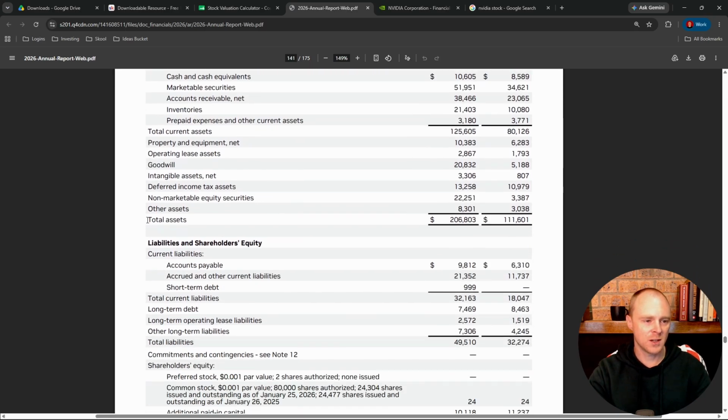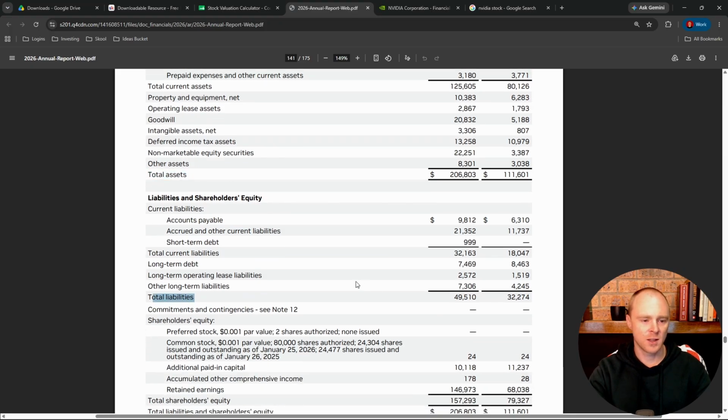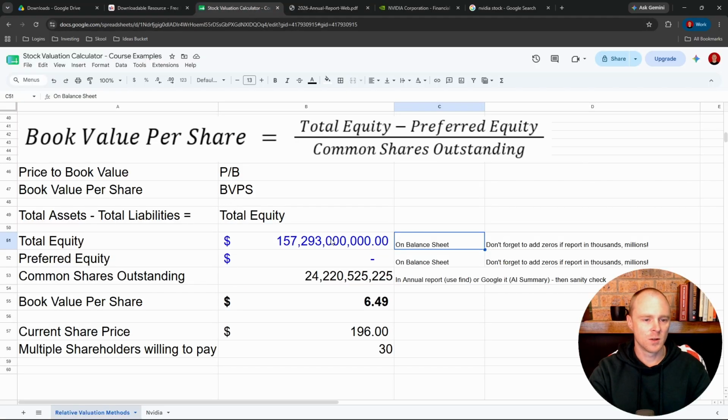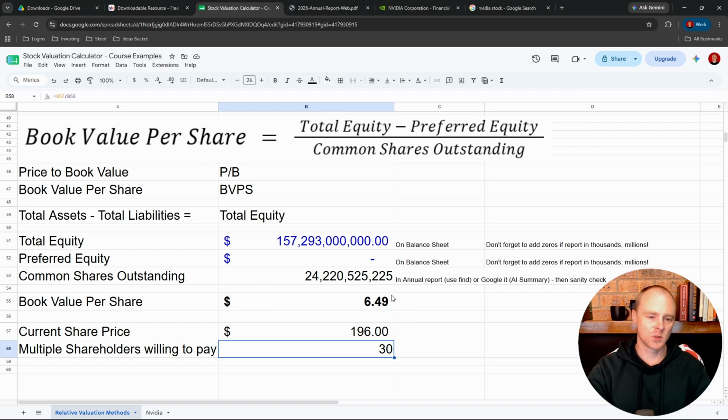We're looking for total assets and total liabilities if we wanted to calculate those. But luckily, we've already got the breakdown here. Total shareholders' equity, 157,293. Add our 6 zeros after it. We don't have any preferred equity. We get $6.49. So that means the shareholders are willing to pay a 30 times multiple.